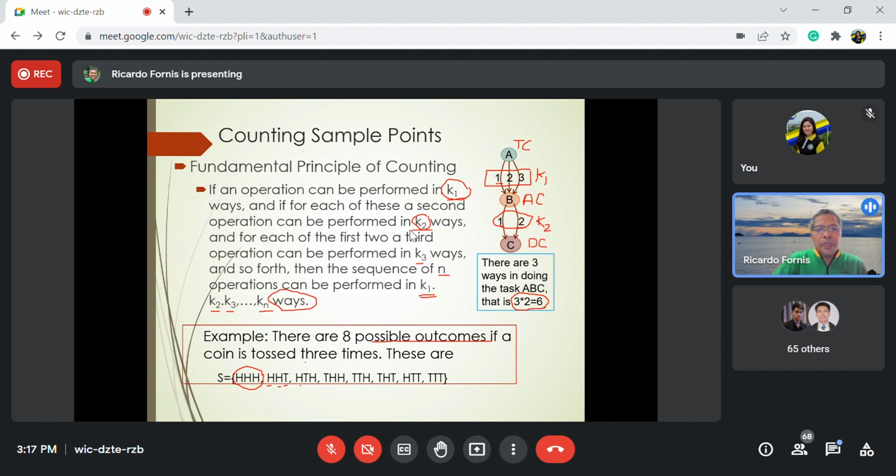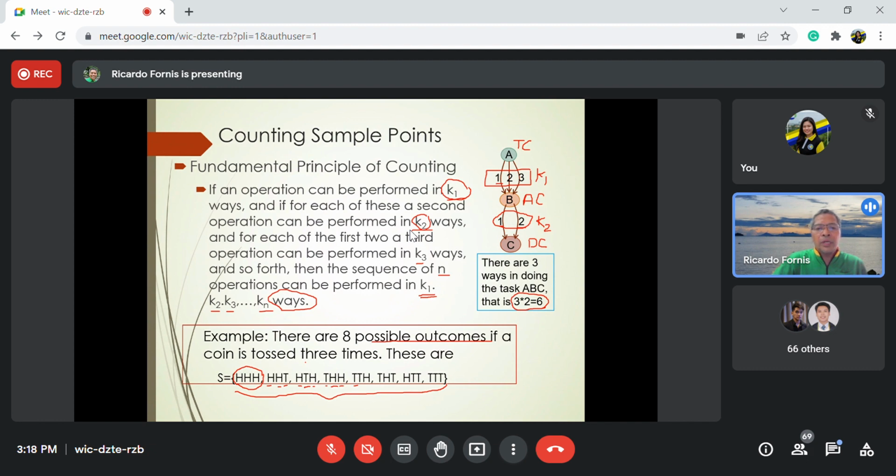Or it might be that the first is head, the second is tail, and the third is head. This is another possible outcome. Or the first one is tail, followed by head and head. It could also be tail, tail, head, or tail, head, tail, or head, tail, tail, or finally tail, tail, tail.